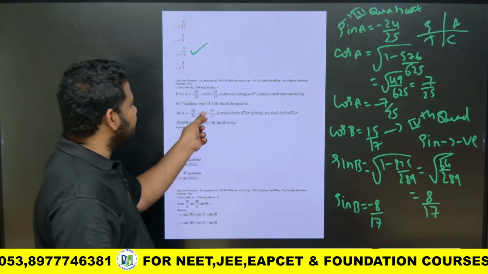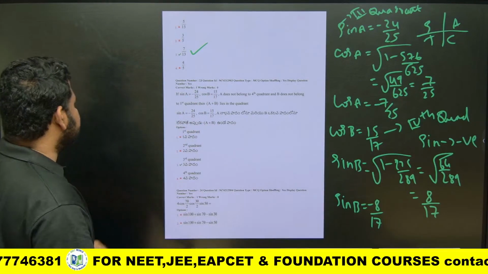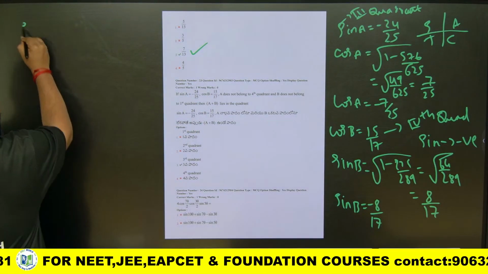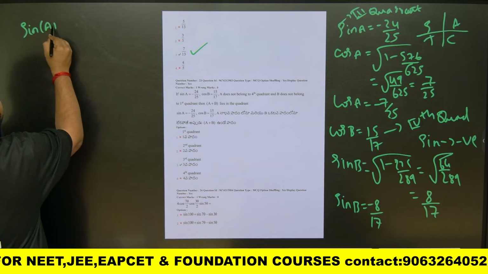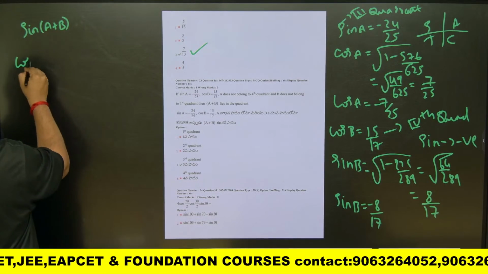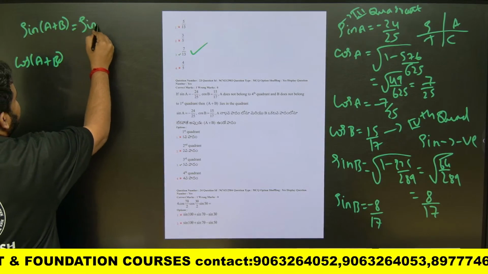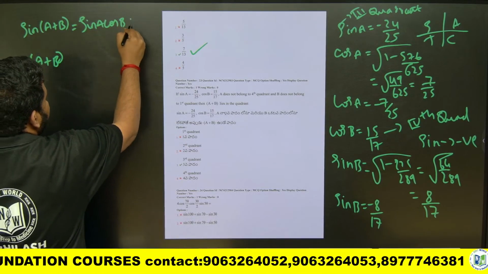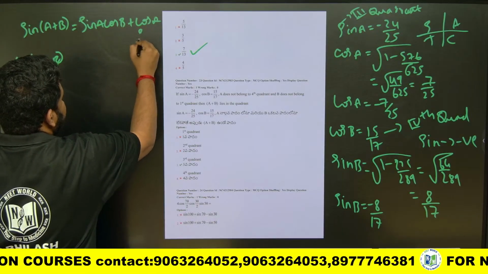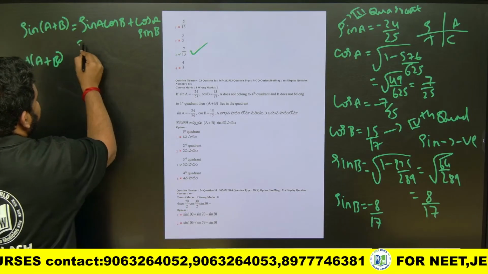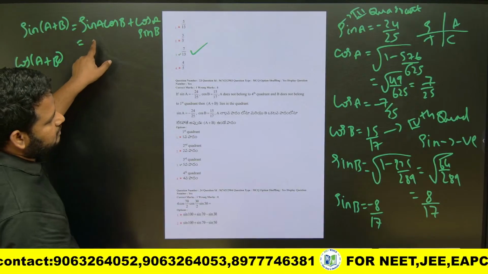Now they are asking us to find in which quadrant A plus B lies. So for this I will use the formula for sin of A plus B, and I will use cos of A plus B. Okay, sin of A plus B is what? Sin A cos B plus cos A sin B. Okay, so whether I get a negative or positive value. Sin A is what?